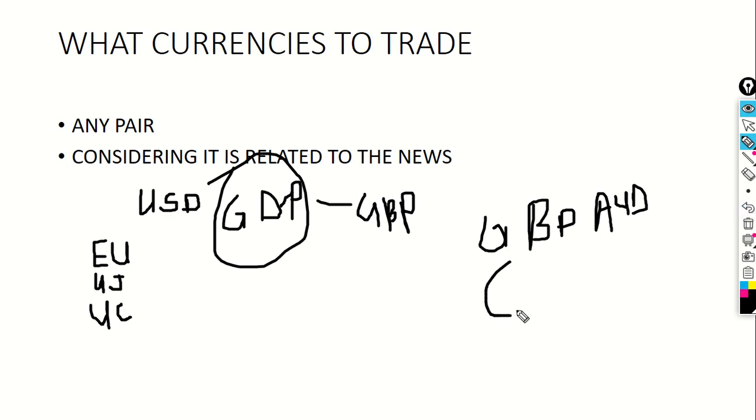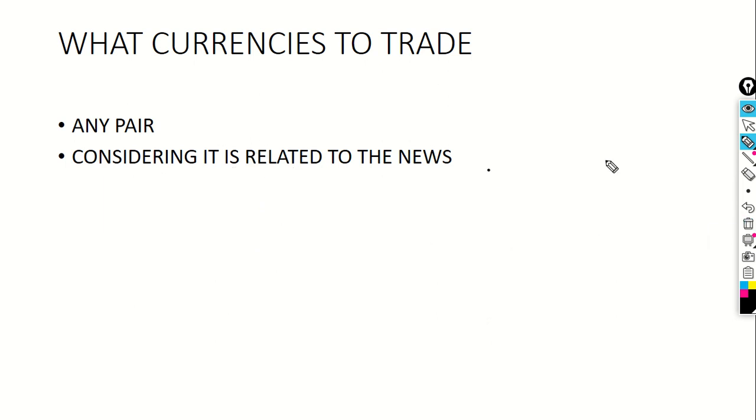You trade pound Swiss. You trade pound yen, GJ. So you just trade the pair in relation to the news event. That's the most important thing.